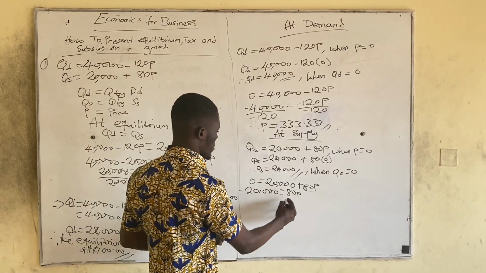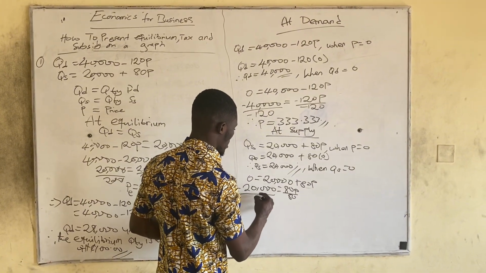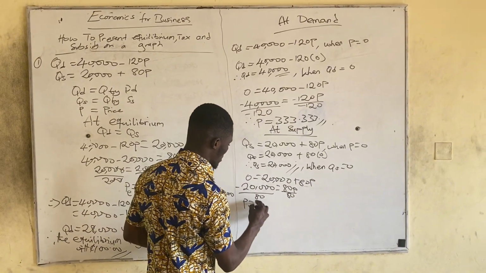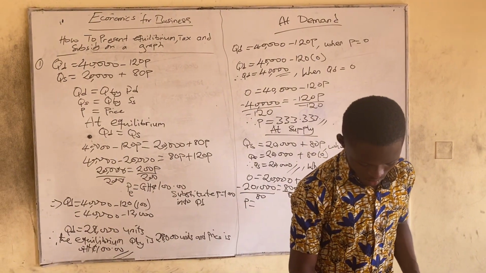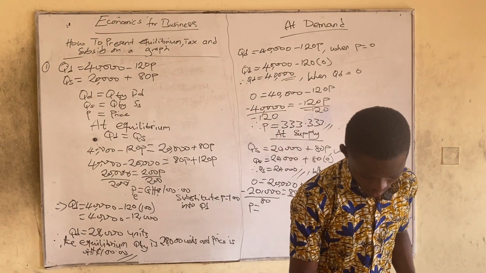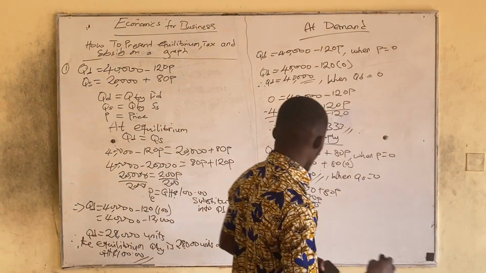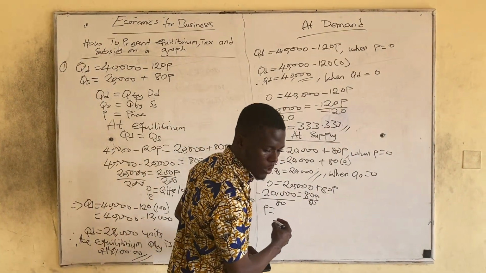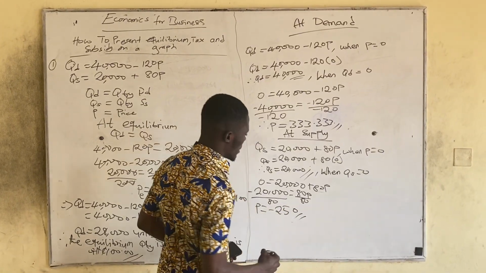So here you divide by 80, here too by 80. Then our price will be minus 20,000 divided by 80. We will get price to be equal to minus 250, like this.